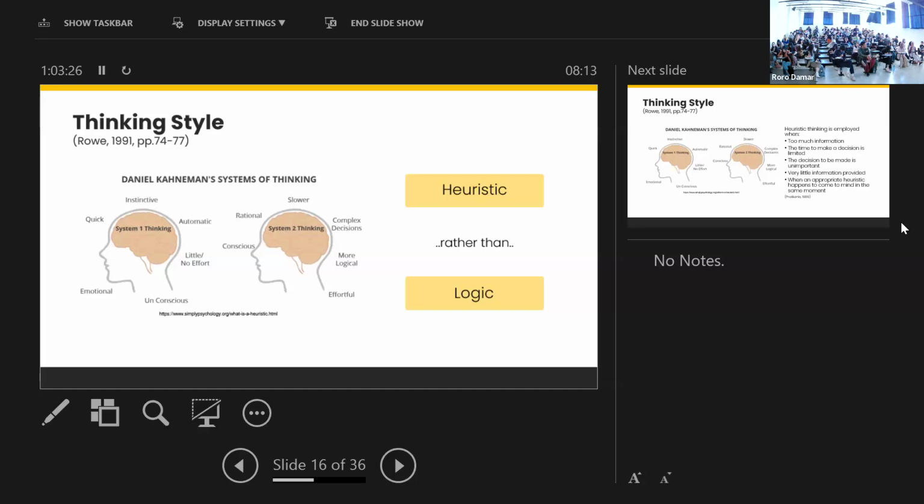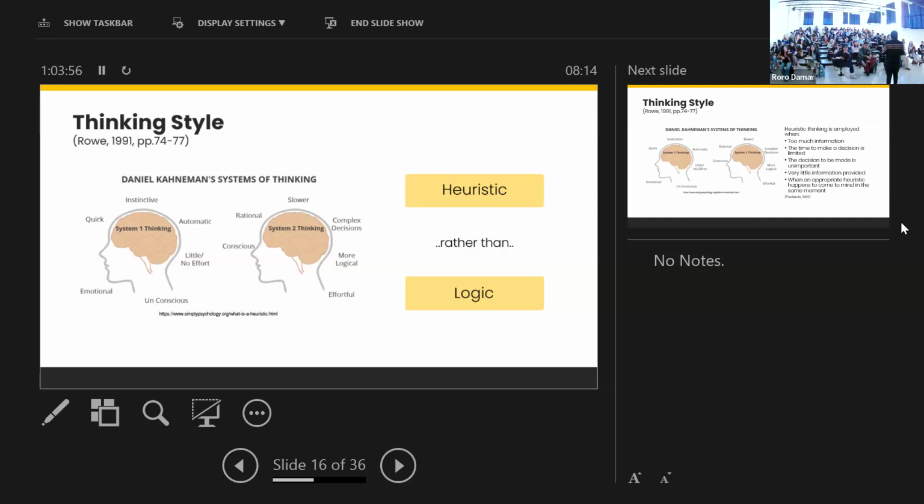Okay, so if you see both picture on screen, ya, ada unconscious thinking ya. That one on the probably left hand of you. That is quick, that is automatic, little to no effort.